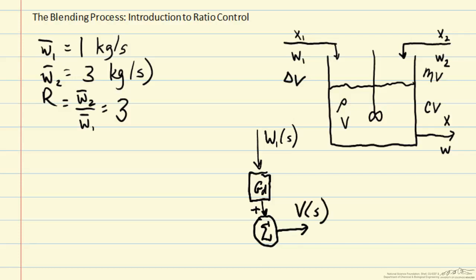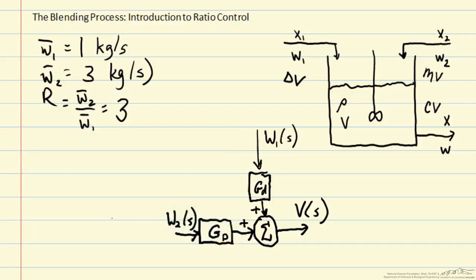So we'll consider the volume in the tank here, which will be affected by both W1 and W2. So we'll add to the effect of W1 the effect of W2, our manipulated variable. We'll use the transfer function GP for the process to express that effect of W2.